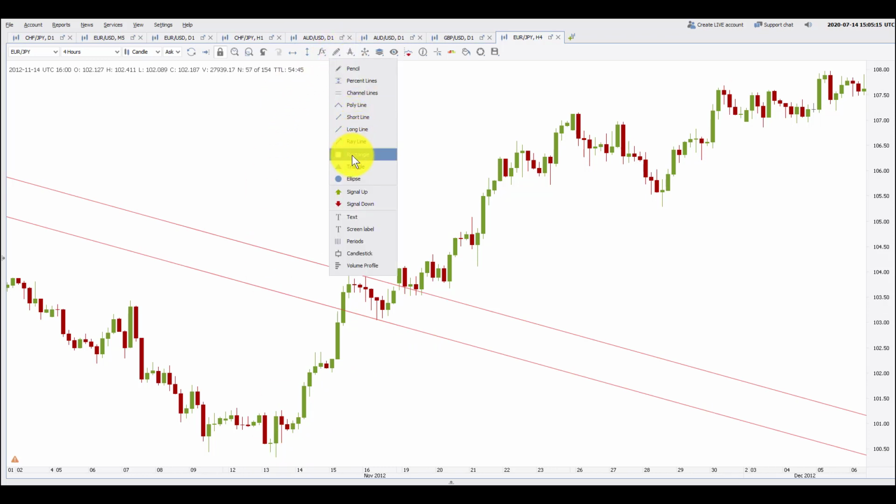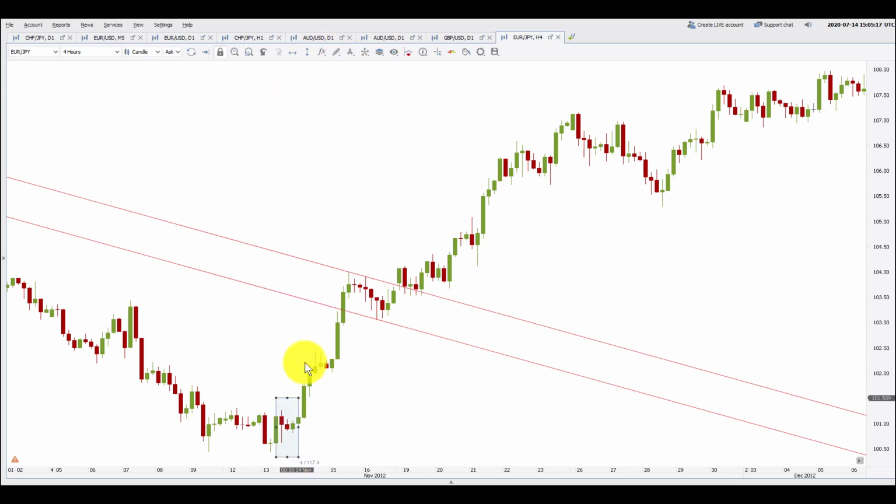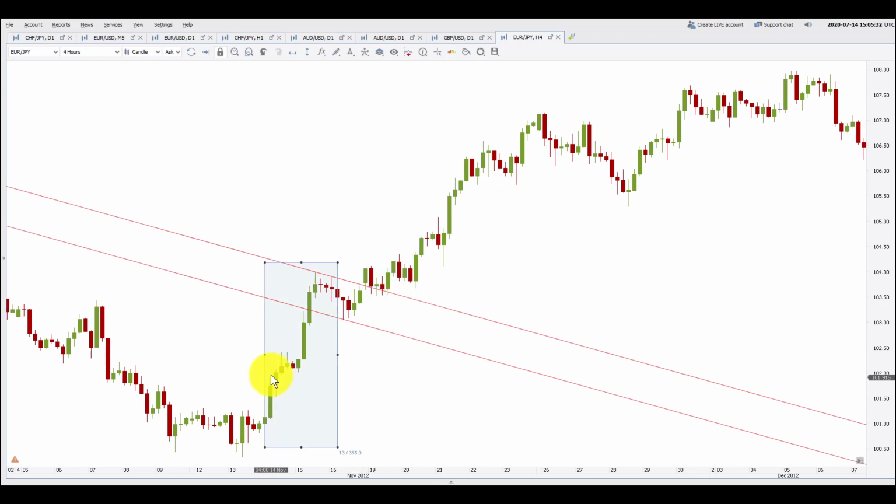The height of the pole is to be added at the breaking point to achieve the targets. Actually, the move had started from here. So the breaking point will be here.